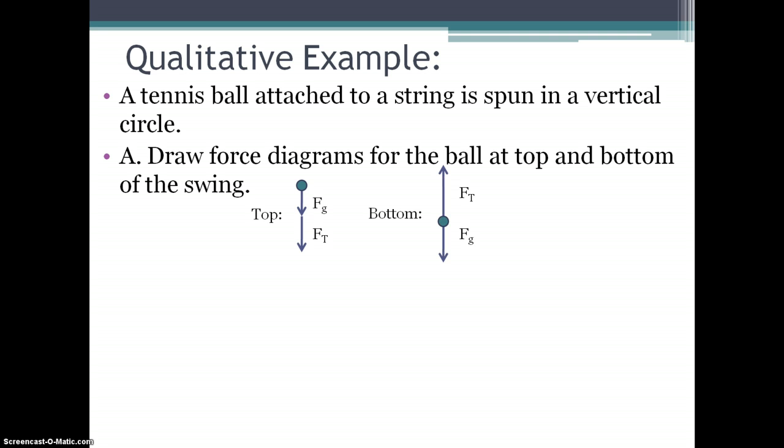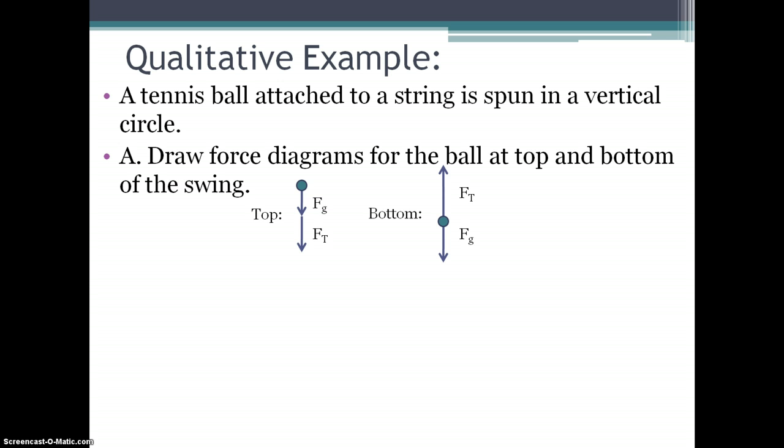Now the force of gravity is going to be the same in both situations because the mass of the ball is the same, and the force of gravity is only determined by mass times 9.8. So since that's not changing, we have the same gravitational force. The tension is what's going to be different here. I made the tension much greater on the bottom, and the reason I did that is because if we're going to be in uniform circular motion, the net force is going to be the same.